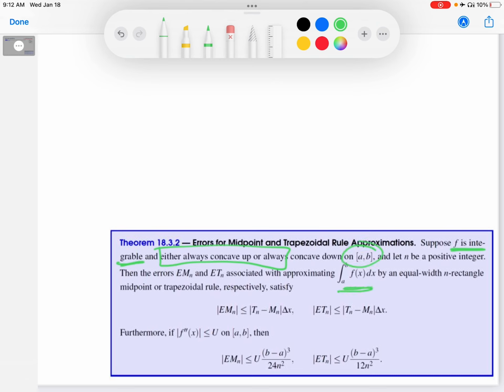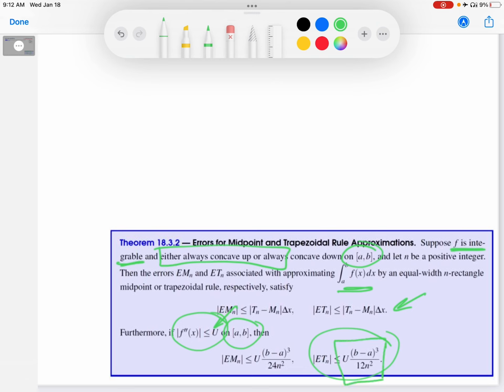If that's true, then we can get information about the error, and if also the function's second derivative is bounded, at most some number u in absolute value on the interval, then E sub T sub n, the error in the trapezoidal approximation, we have a bound for that.